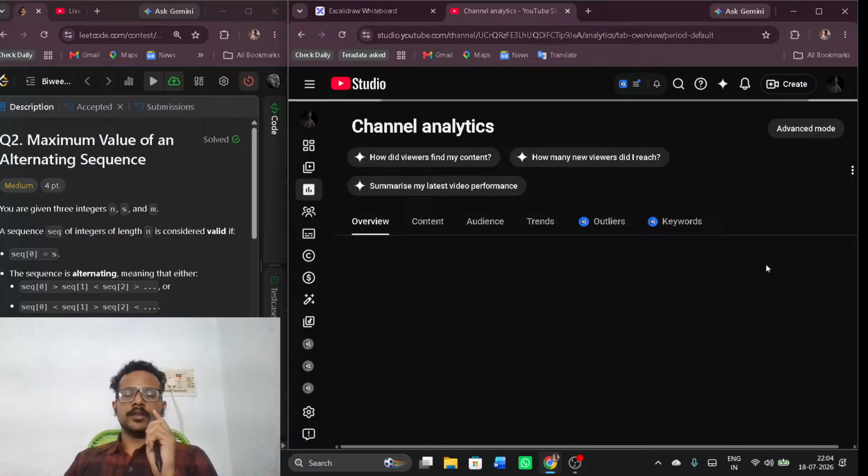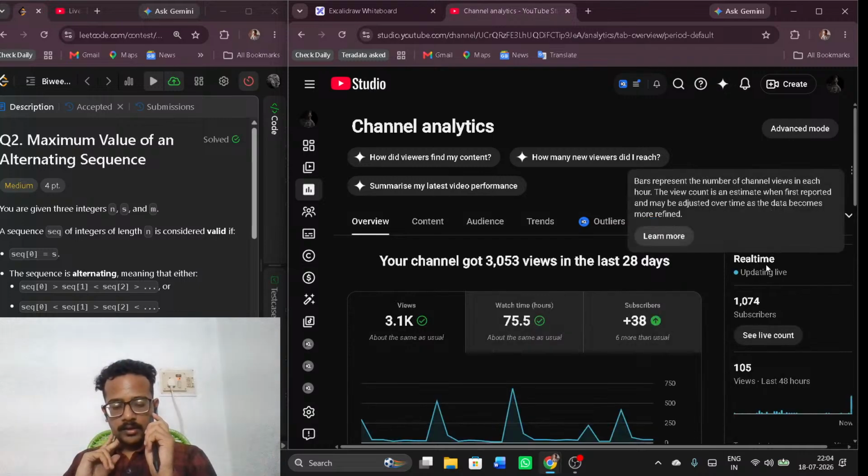So, long maximum value int. Okay, your code: if n is equal to 1, return s.